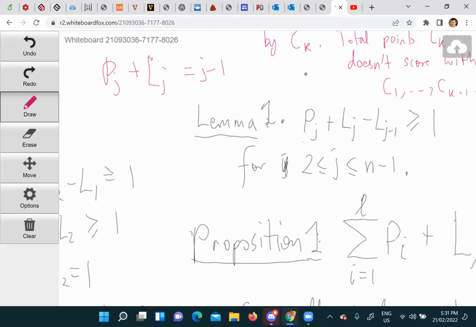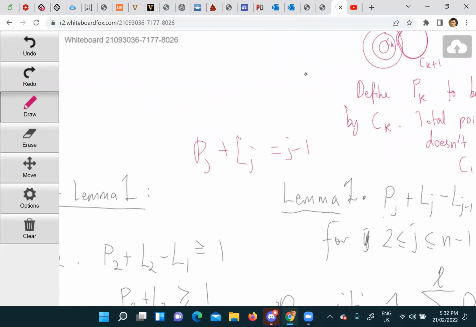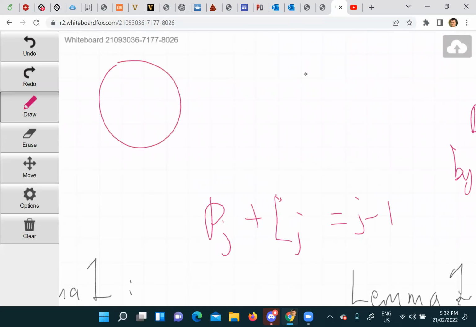We could try with 3. Let's see if it works with 3. For 3, there's the inside case, and then it could be inside the big circle. So P is 0, L is 2. So that works.